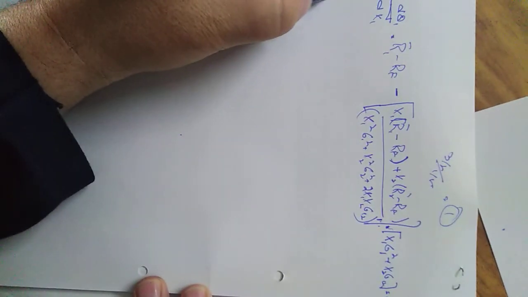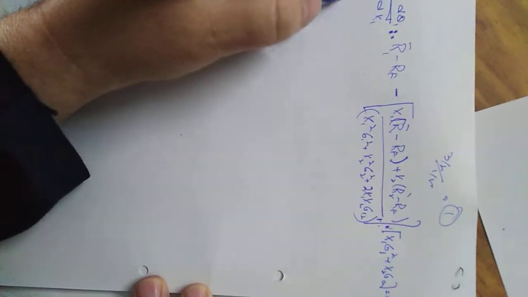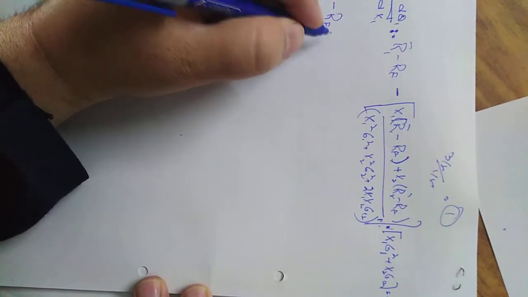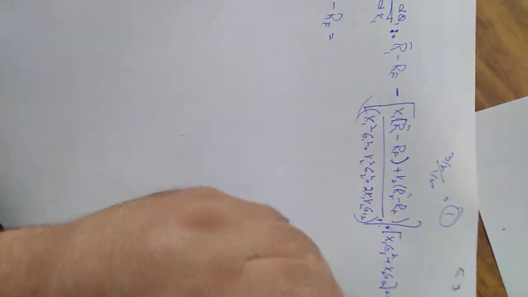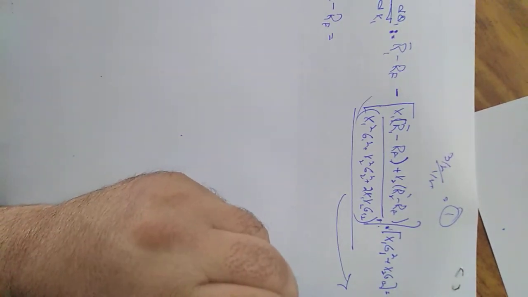Now if I take the values like this, R1 minus RF is equal to... I take all this to the right hand side. What will happen?